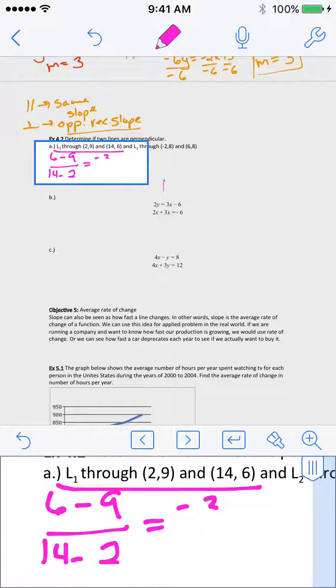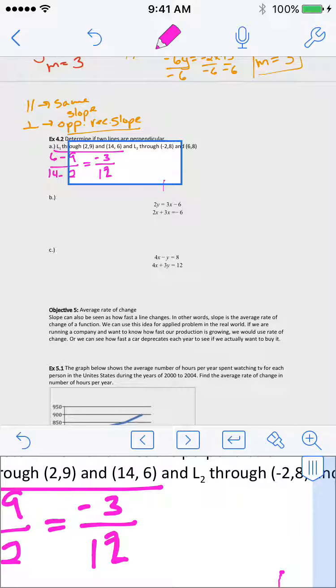I end up with negative 3 over, I'm so sorry, silly Miss K, that's division, this would be over 12. And that does reduce down. I can divide those both by 3. I get negative 1 over 4. Negative 1 over 4. Fabulous.